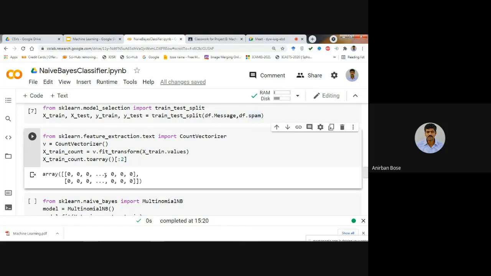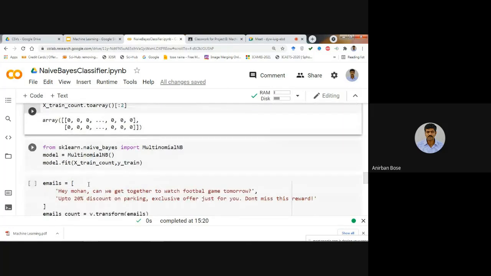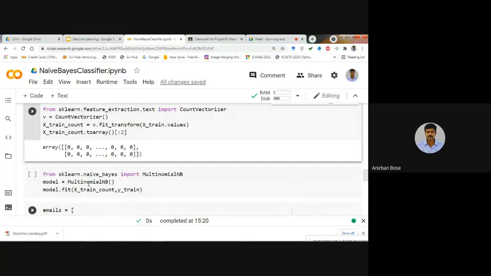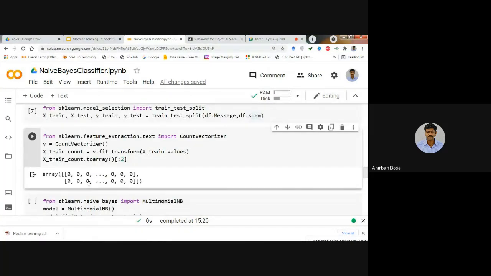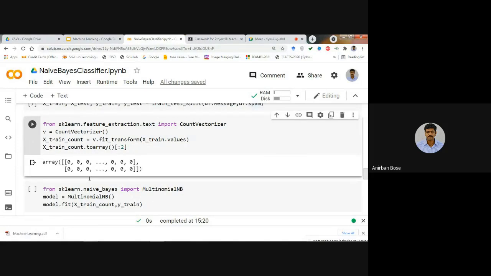So in the first message you will find only a few values that will have maybe 1, 2 or 3, and all other values will be zero frequency. Okay, because those words are not there in the first data. So that is why it is of this kind. So you got an idea of what it is actually doing, if you just remember the example that I have given during the presentation.